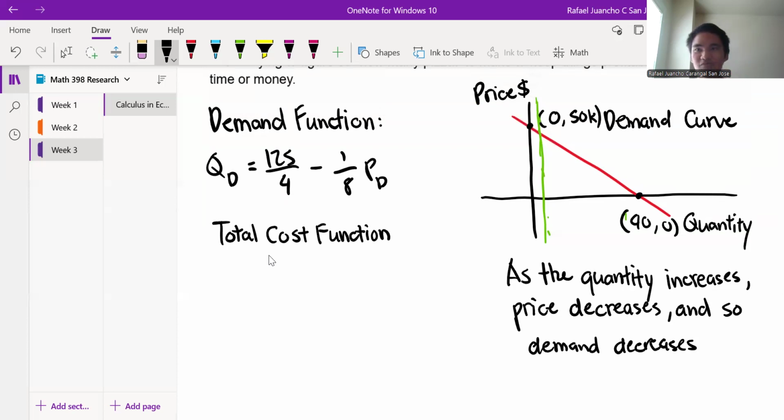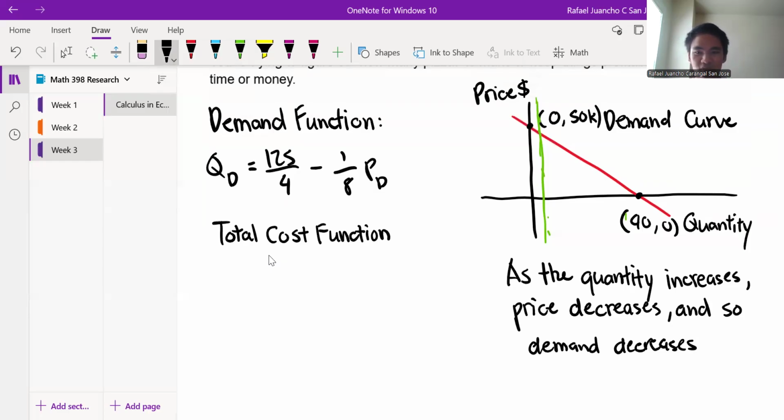What's the total amount of money that we will spend?